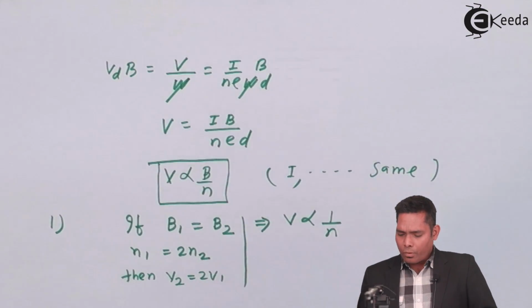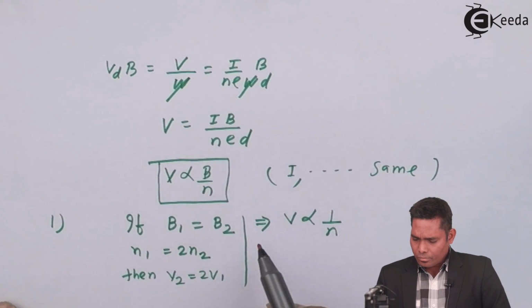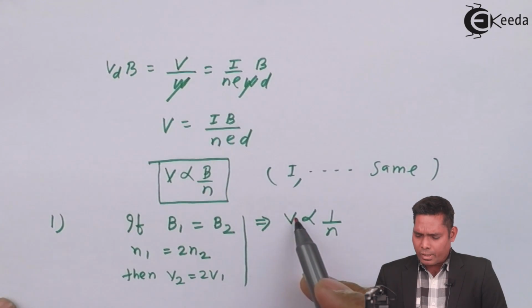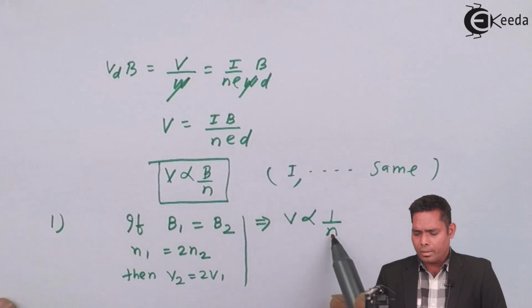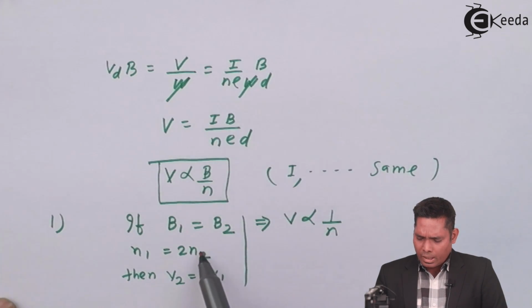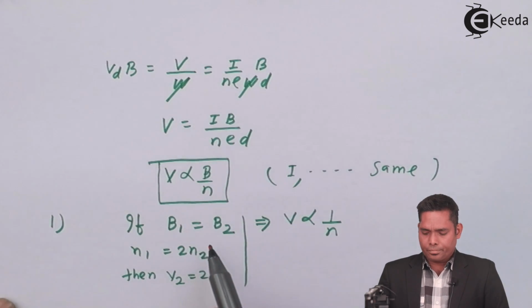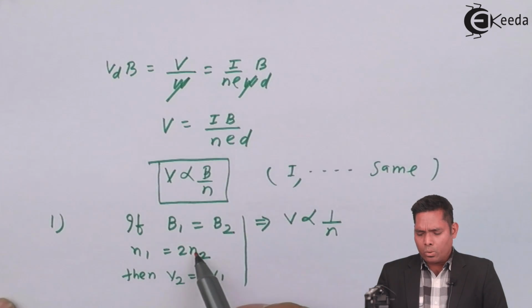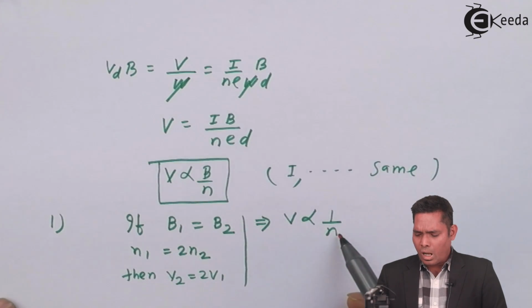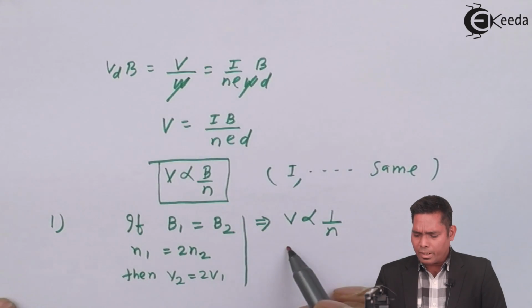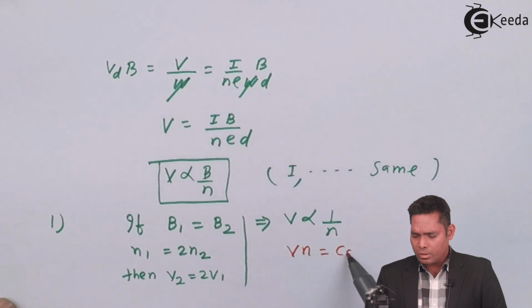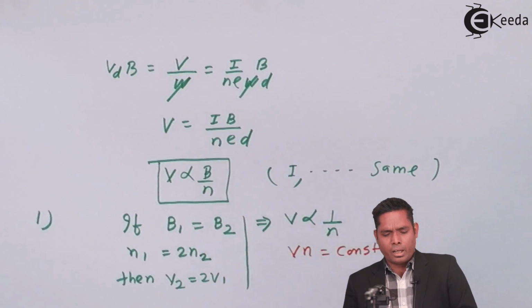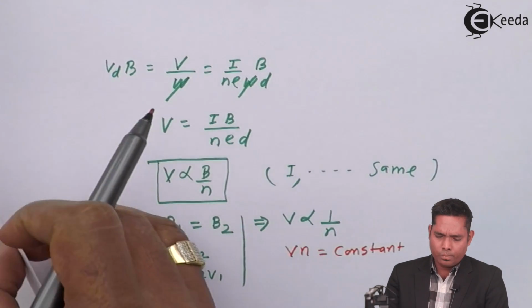From here, the only relation we have is V is inversely proportional to N. So V into N is constant, that means V1 N1 is V2 N2.